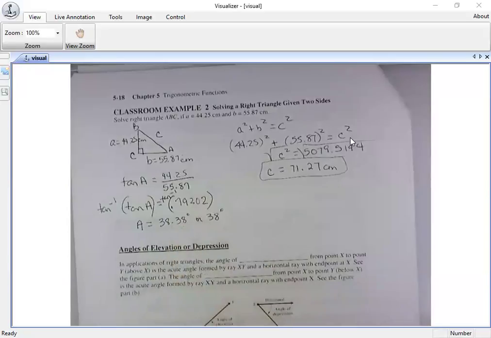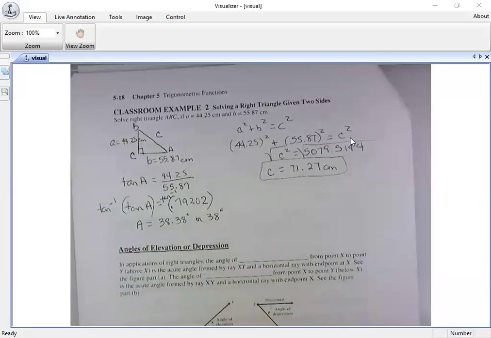Let's pick something that would be easy to figure out. Let's say this was 38.5. All right, what is 0.5 of a degree? How many minutes? 30. Do I do 0.5 divided by 60 to get 30, or do I do 0.5 times 60? Times, because this is the decimal amount of a degree I have.